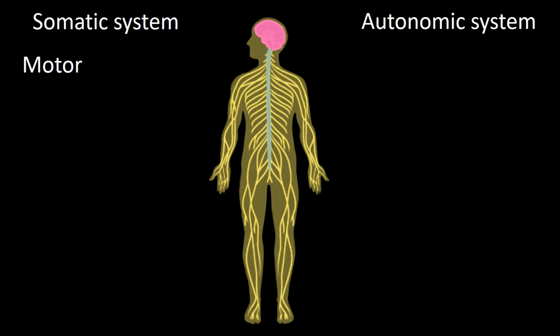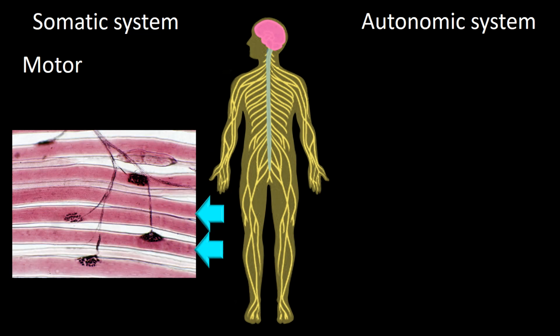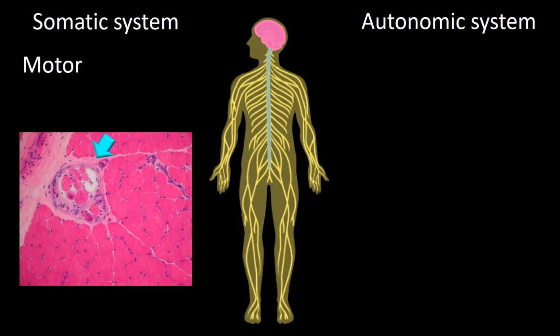We must acknowledge that, in addition to the muscle fibers previously mentioned, called extrafusal muscle fibers, paraaxial mesoderm-derived muscles include intrafusal muscle fibers, indicated here in this longitudinal muscle specimen, and here in a transverse cut specimen, and yet we will not consider these fibers during this talk as part of the motor arm of the somatic system.